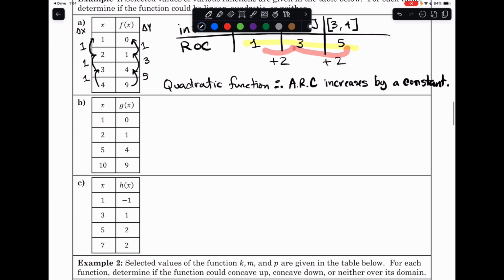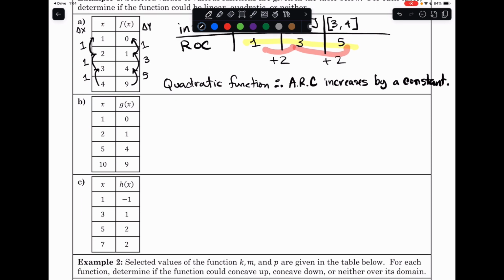So let's look at the next example. Let's look at example B. Let's see. So for this example right here, again, let's make a table just like before so we could organize this.